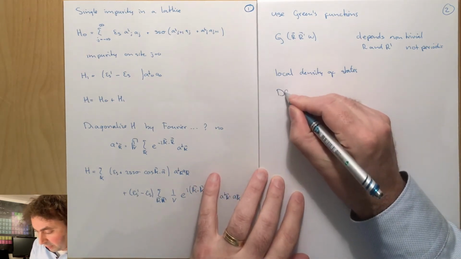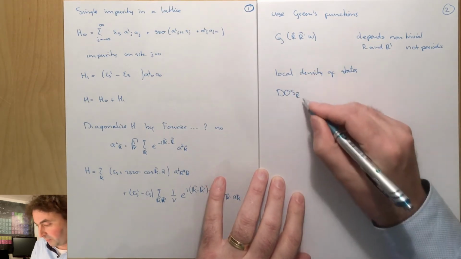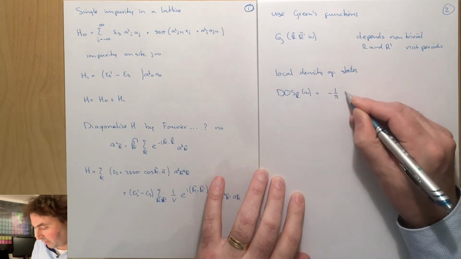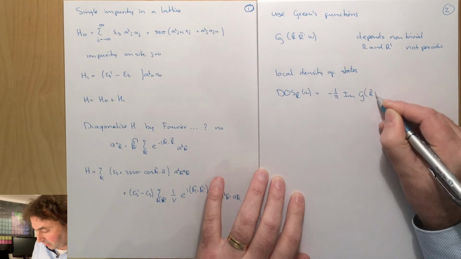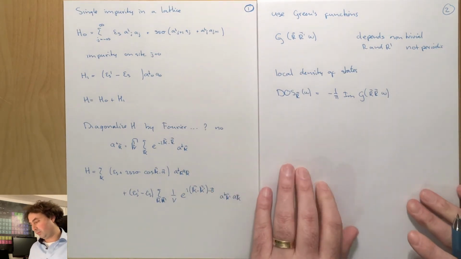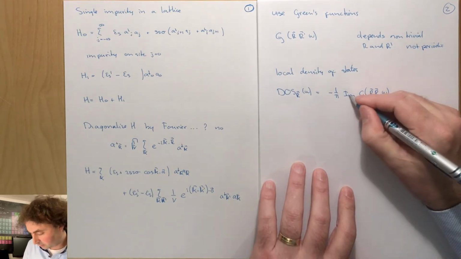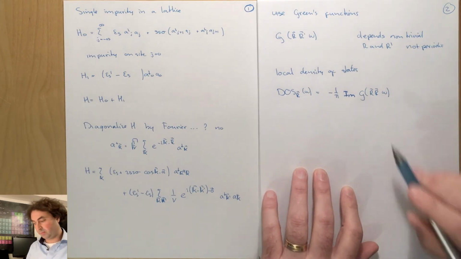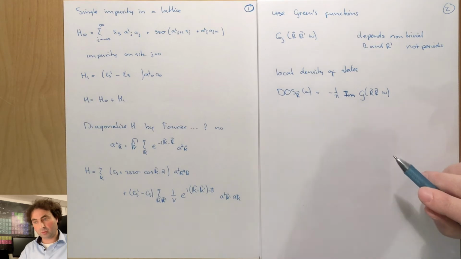Now we have a dependence on the side where we create or annihilate the particle, and our local density of states will be defined as 1 over pi, the imaginary part of G^R(omega), where we look at the total eigenstates projected to a local site.